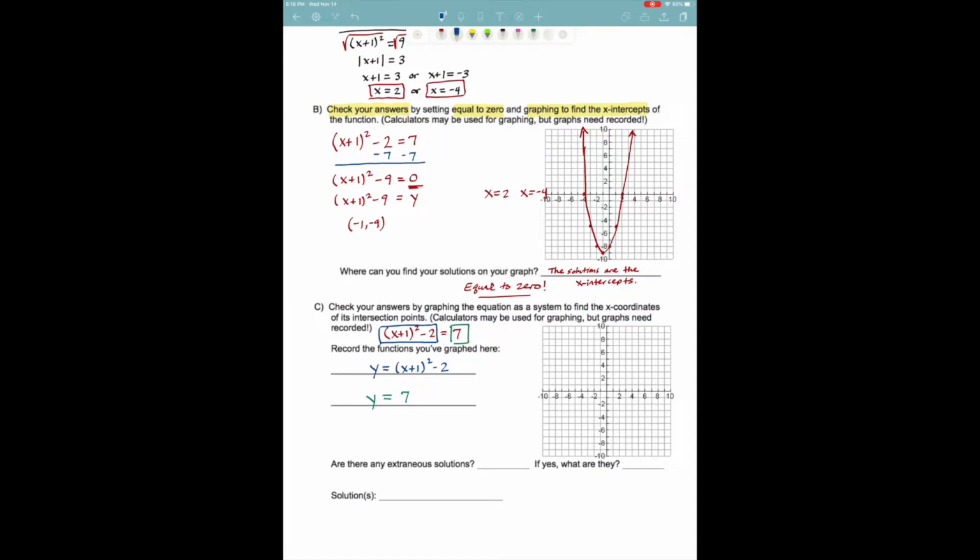We'll graph the quadratic one first. Our locator point is at negative 1, negative 2. It's got standard growth again, so it's over 1, up 1 each direction, over 2, up 1, 2, 3, 4, and then over 3, up 9.